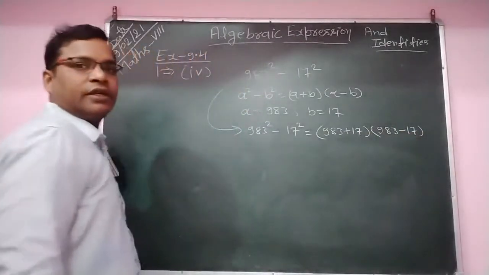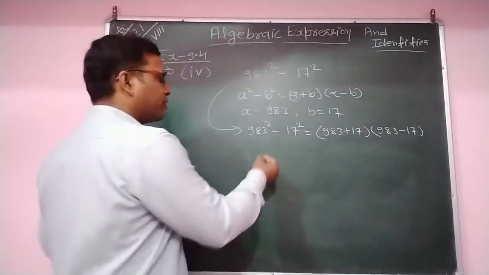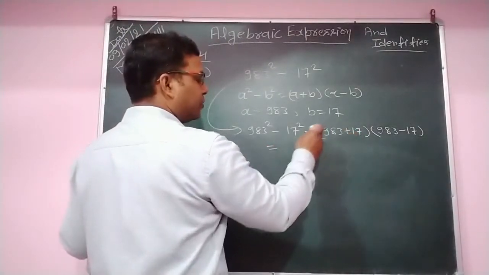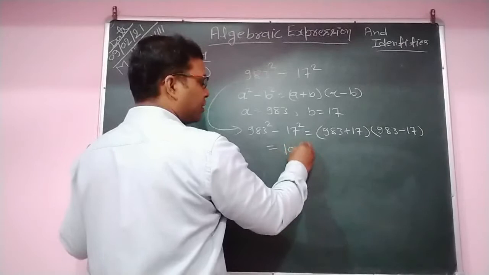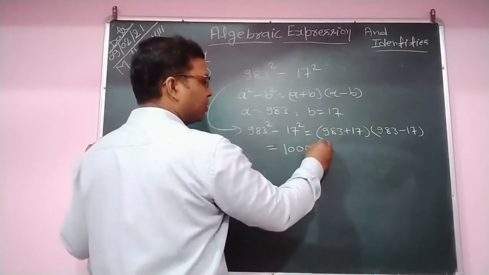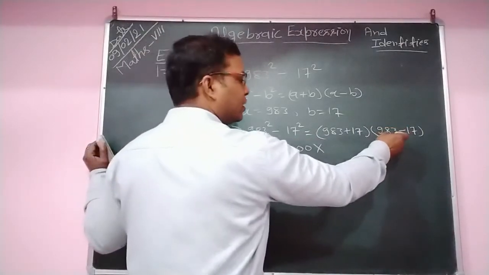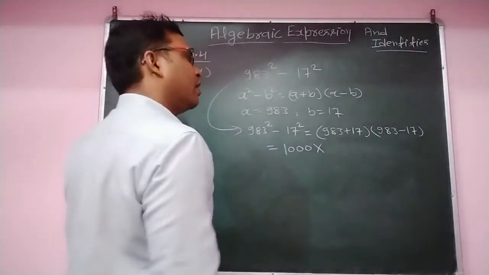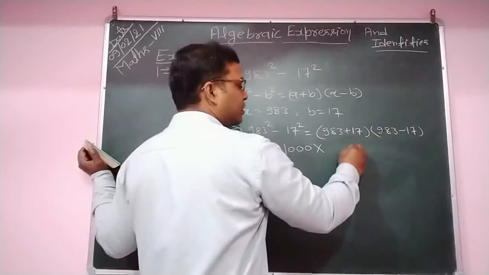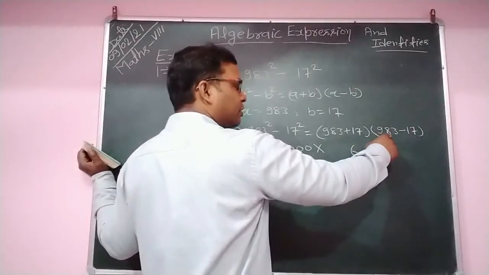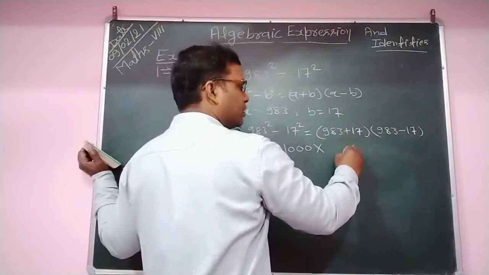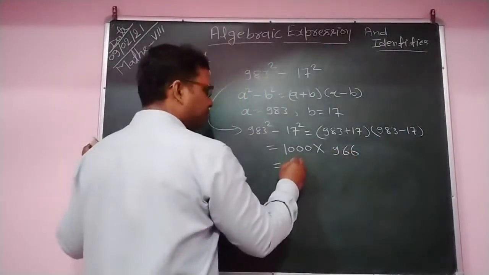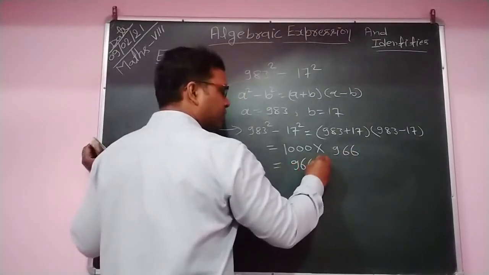Clear? So if you add them, you get 1,053, and if you subtract, you get 913. If you multiply them, you get 96,600.